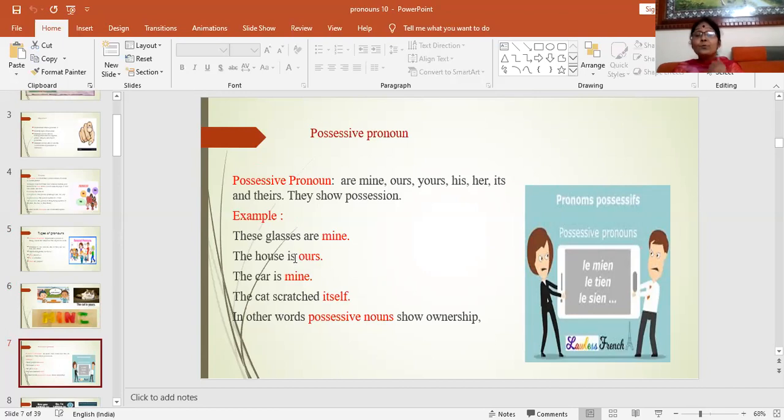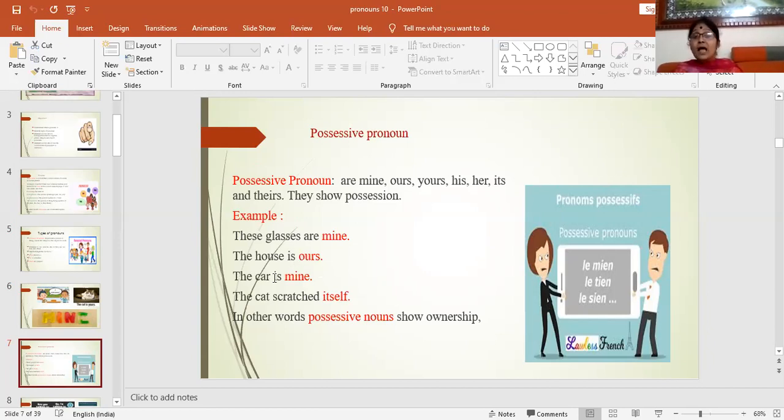They show possession. Now let us understand how we can use possessive pronouns in sentences. The glasses are mine. Possessive pronoun, mine. The house is ours, right? The car is mine. This is yours. Right? The cat scratched itself.